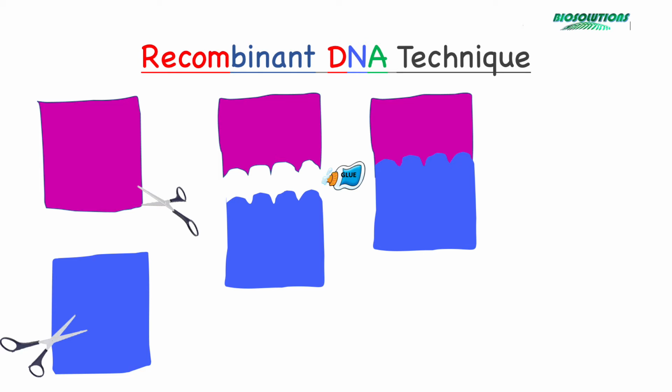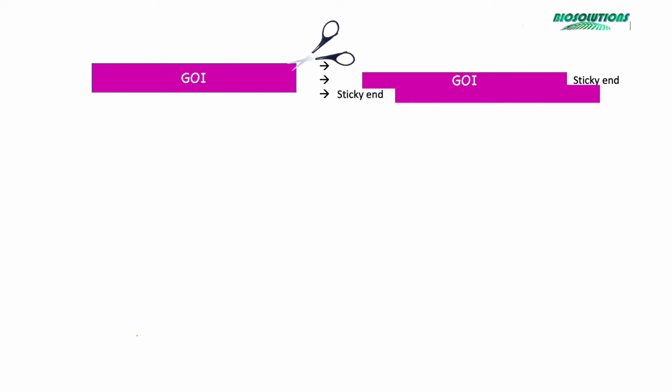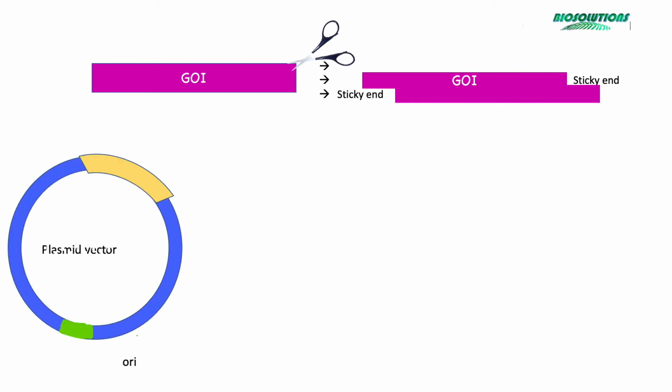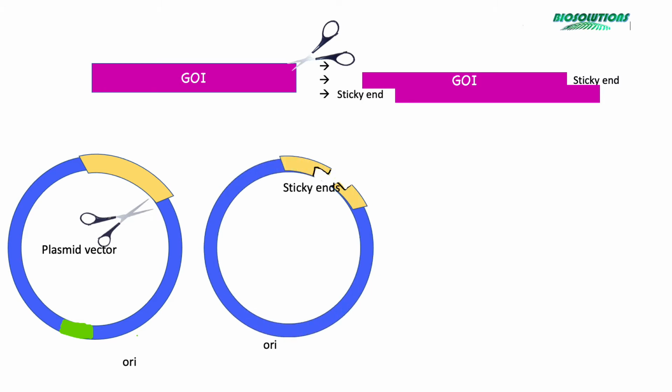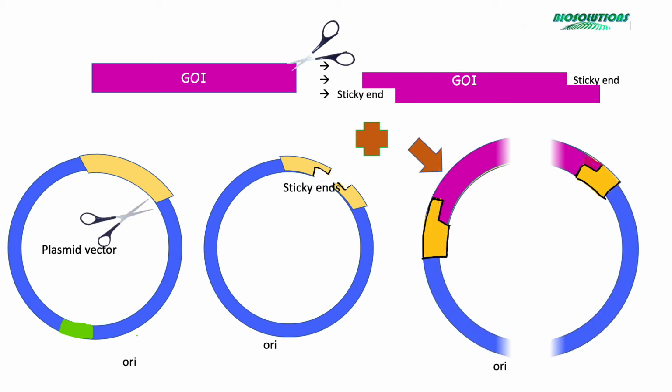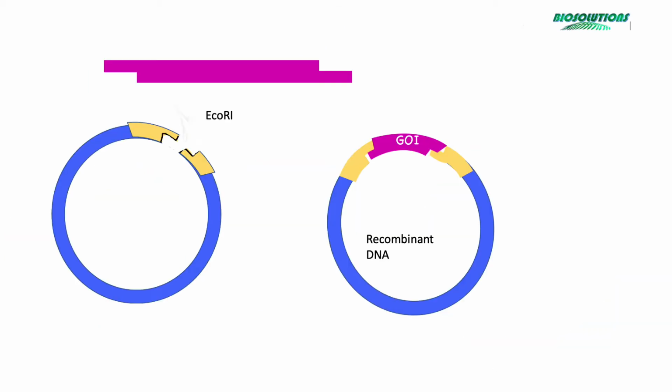Similarly, 2 pieces of DNA taken from different sources can be cut by restriction endonucleases or enzymes, which act as molecular scissors or molecular knives and cut the phosphodiester bonds between 2 specific bases in a given recognition sequence. Most restriction enzymes produce sticky or cohesive ends.